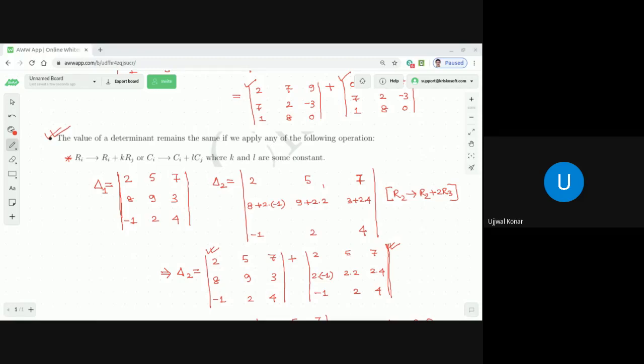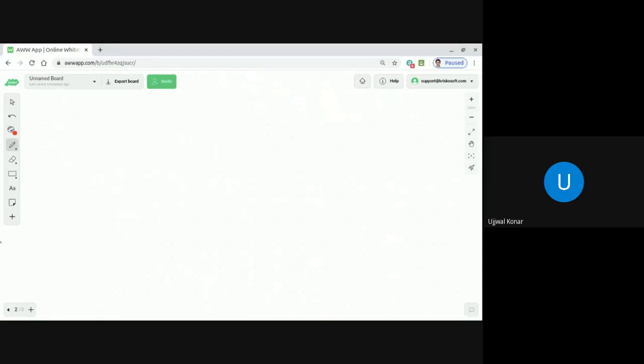Let us solve a couple of problems together just to understand how efficient usage of all these properties can help us to find the value of a determinant in a very time efficient manner. That means it will not take much time. So those examples I'm going to do on the next page.